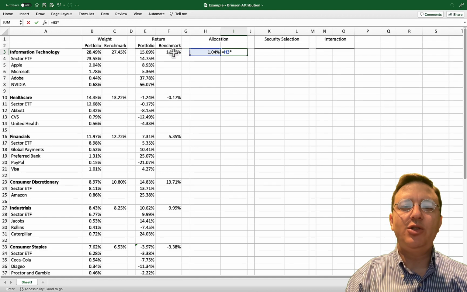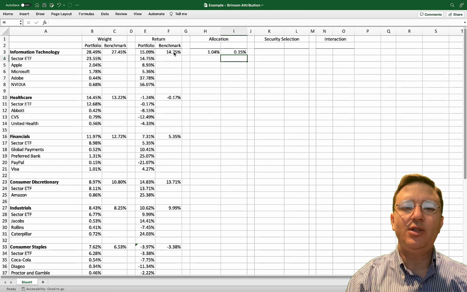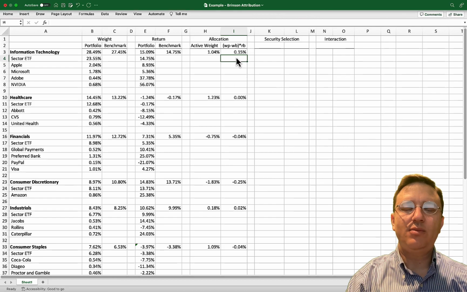This can also be described as the benchmark sector return multiplied by the active sector weight. The decision to overweight the tech sector during this time period resulted in a sector allocation effect of 15 basis points. We then apply this calculation to the rest of the sectors.